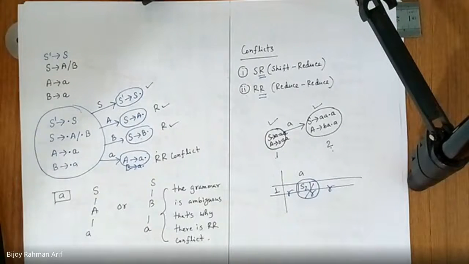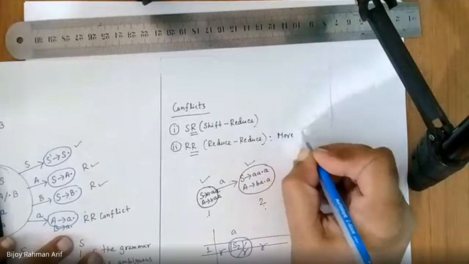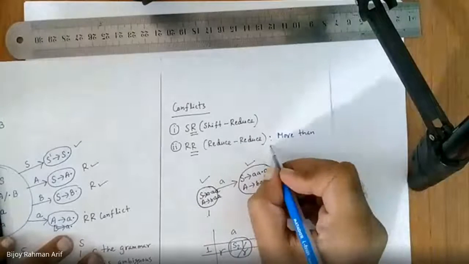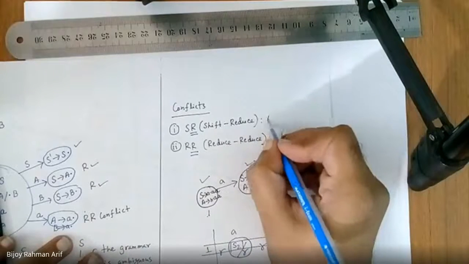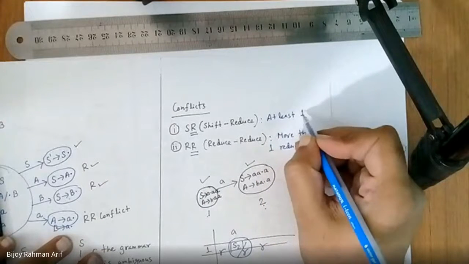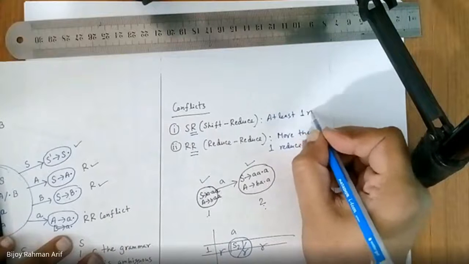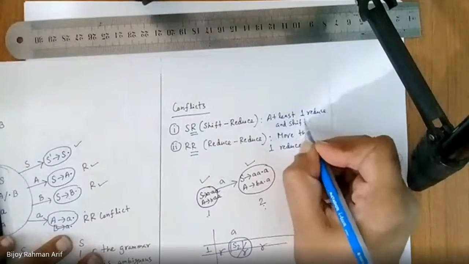So conflicts can be of two types. There might be more than one reduce in a single state, or there might be a reduce and a shift available. So the definition is more than one reduce, or at least one reduce and a shift. So this is the definition.